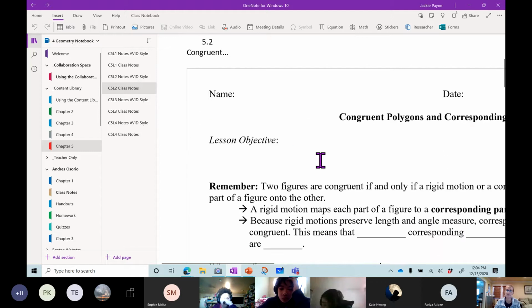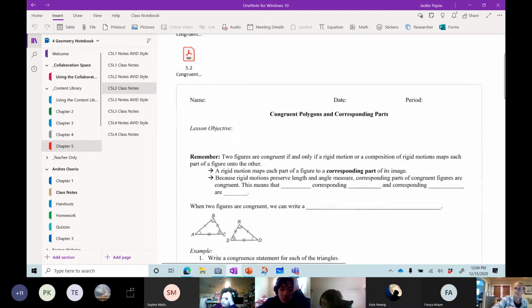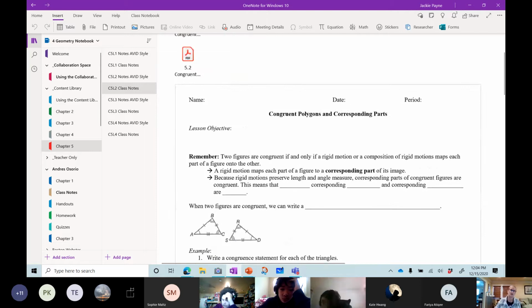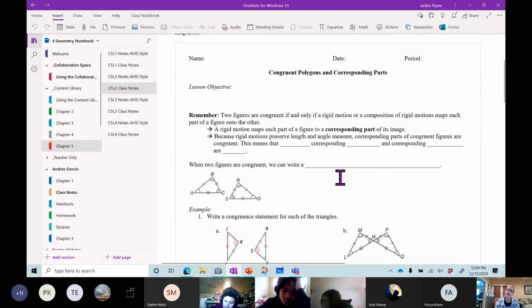Section 2. We had one super important idea, which was called corresponding parts of congruent triangles are congruent, where basically we figured out if you can use a rigid motion, which is a reflection, a translation, or a rotation, if you can take one figure and do one of those transformations or a combination of those transformations, then you can prove that they're congruent.